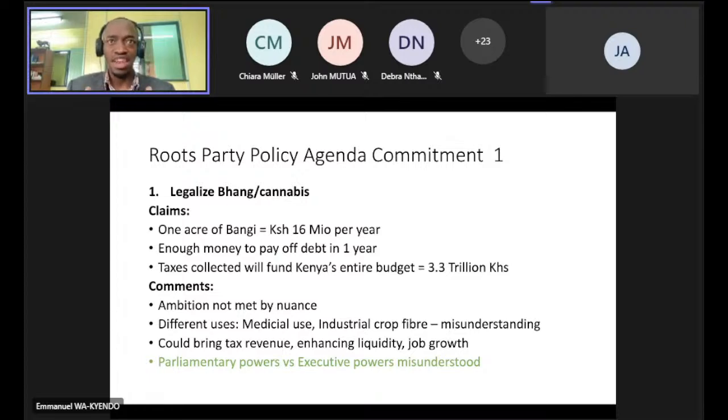I use this as a litmus test because before we even get into trying to calculate the viability and trying to understand, look, how much acreage does the Kenyan landmass actually have, and then how much of that can we plant crops in, and then how much of that should we dedicate to the growth of marijuana, and then how much of that should we take away from growing other crops like, say, flowers or maize or what have you.